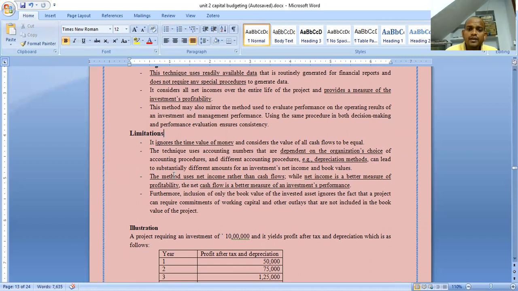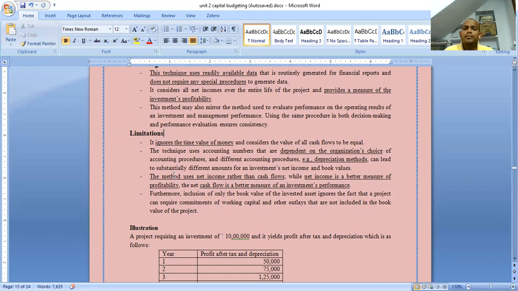And this technique is dependent on the organization's choice of accounting procedures. For example, different depreciation methods can lead to substantially different amounts for an investment's net income and book value.